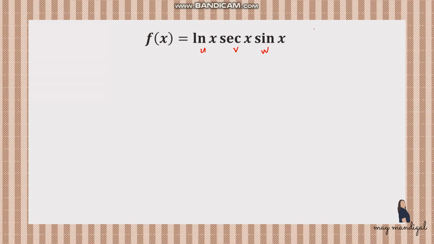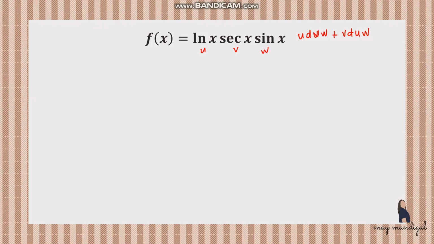So instead of having the usual u dv plus v du, since there are three, we will have u dv w. That means we're getting the derivative of v and then we multiply it with u and w. Plus, and then let's get now the derivative of u. So v du w.